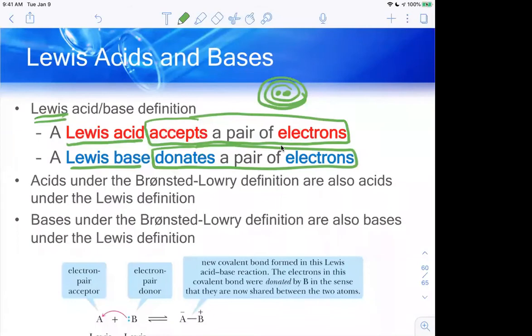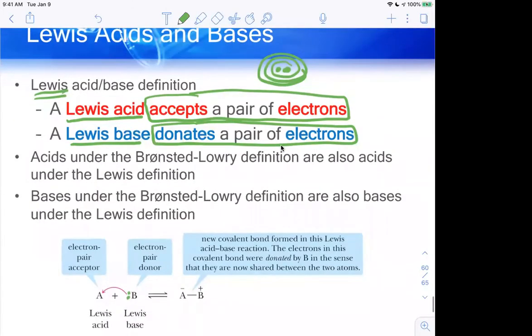So here is my lone pair. This is going to donate a pair of electrons, so this would be the base. This is going to accept a pair of electrons, so this would be the acid.